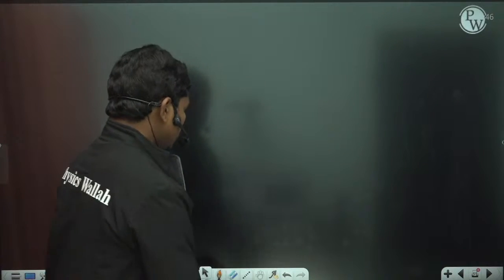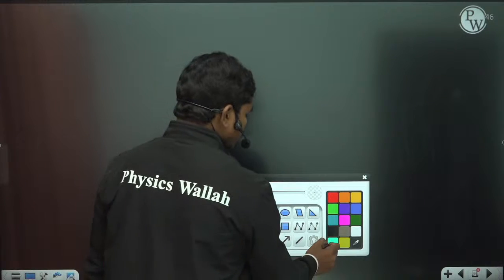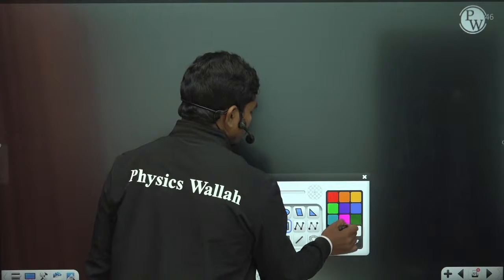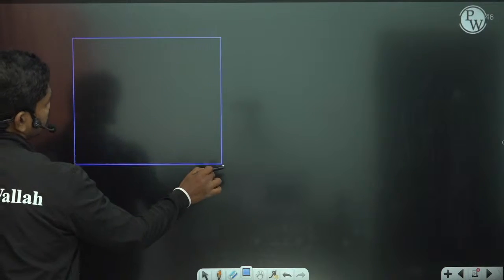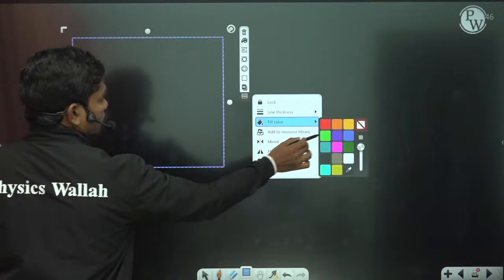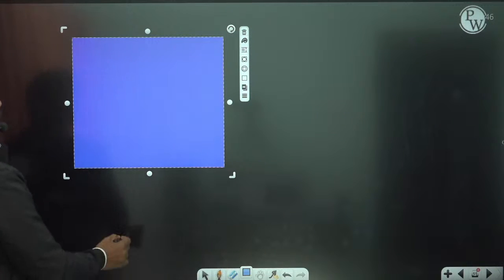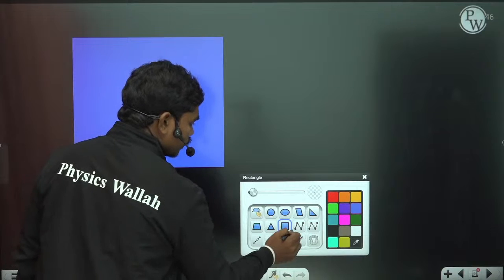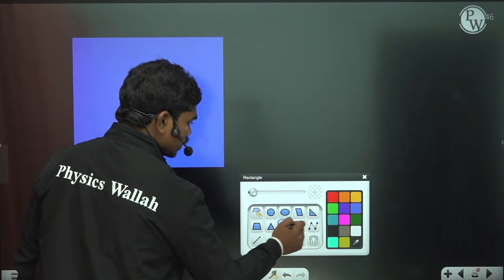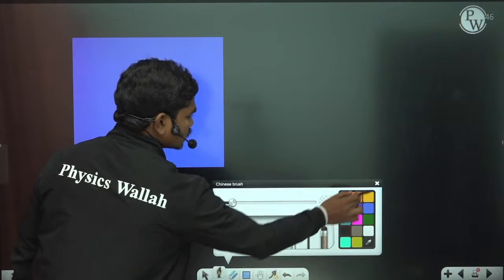So see here, let us suppose there is some body which is submerged in a big fluid. Okay, there is some fluid, and in this fluid you have a certain body. We'll draw this body, for example.